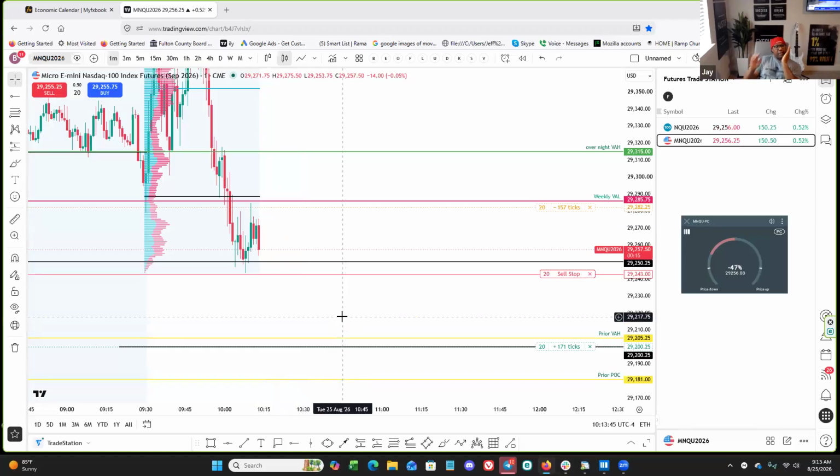Coming back into that area. Let's see. Come on, price.